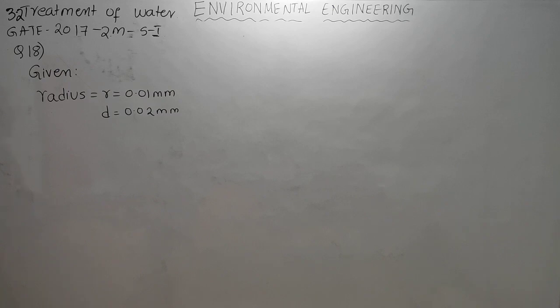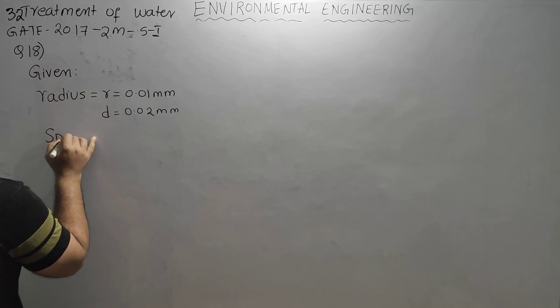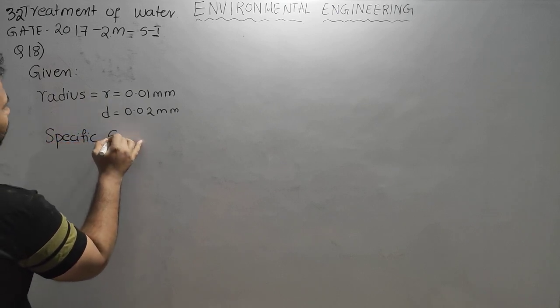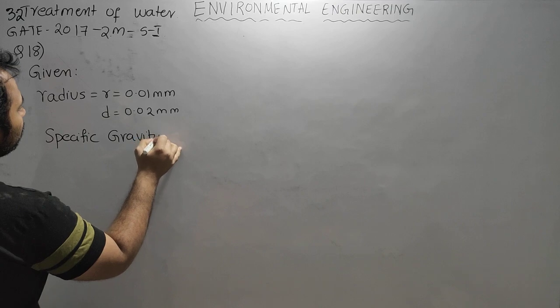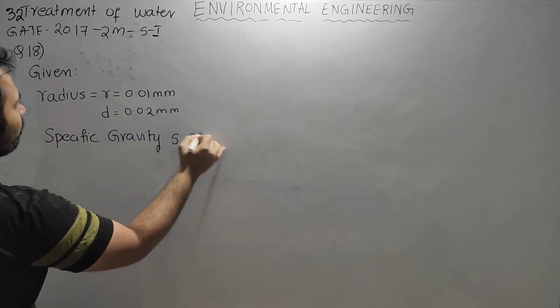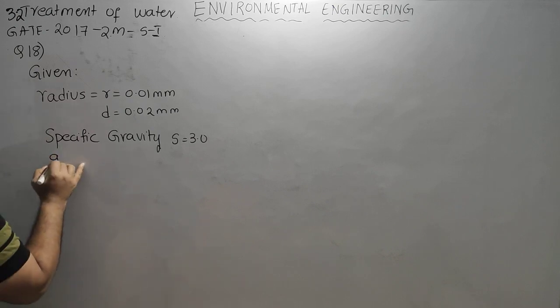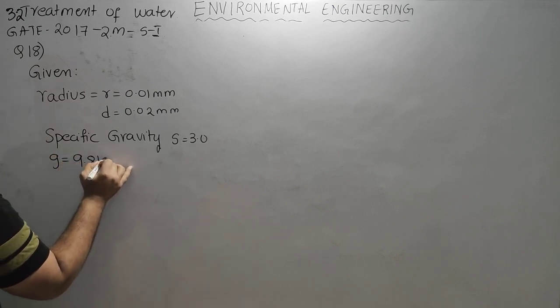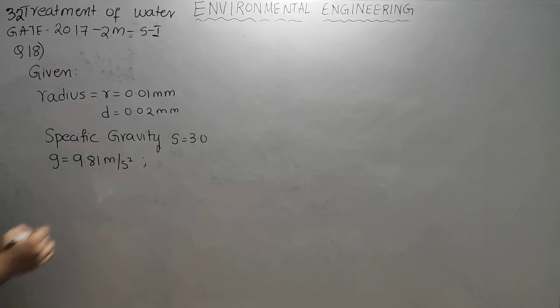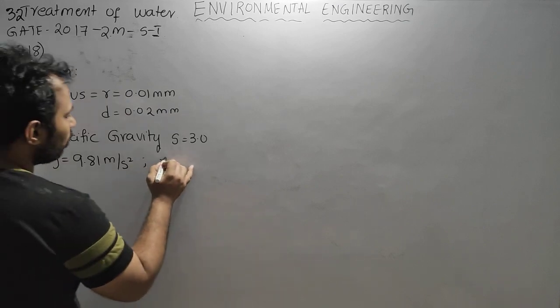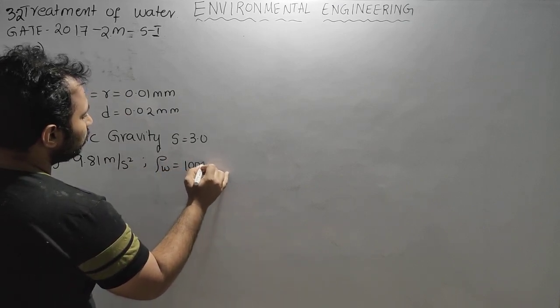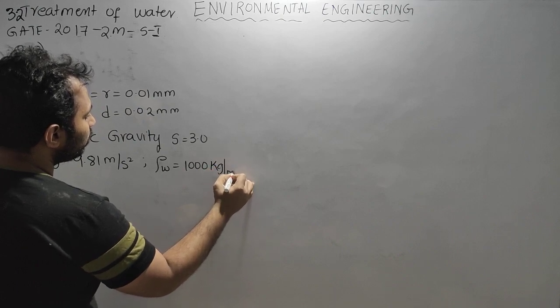But here it is the radius of the particle, so diameter is double the radius, which is 0.02 mm. The specific gravity S is given as 3.0, g is 9.81 meter per second square, and the density of water rho W is taken as 1000 kg per meter cube.